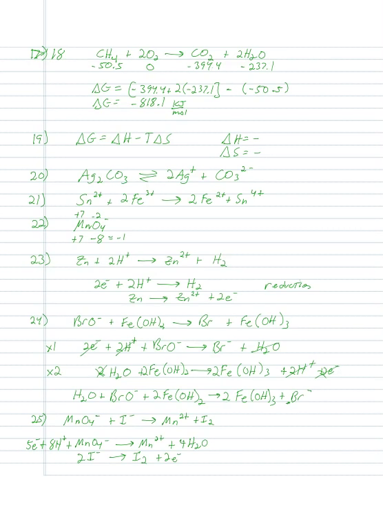So I need the lowest common multiple, that's going to be 10. So I multiply this top one by 2, this bottom one by 5, and I'm not going to write out everything because I'm out of space here, but what you end up with is 16 H plus, 2 MnO4 minus, plus 10 I minus going to 5 I2 plus 2 Mn2 plus, 8 waters.